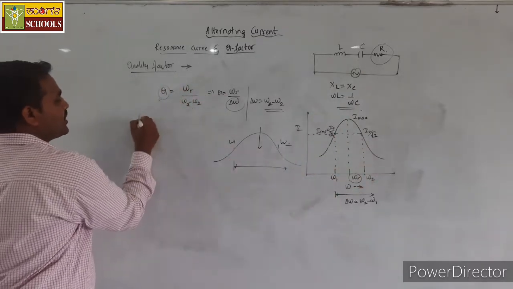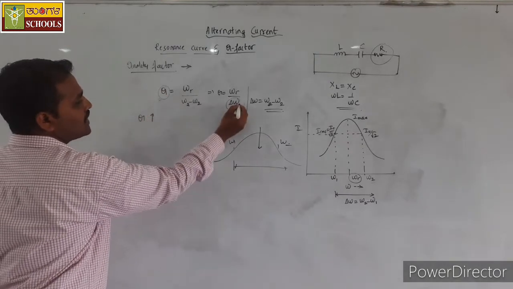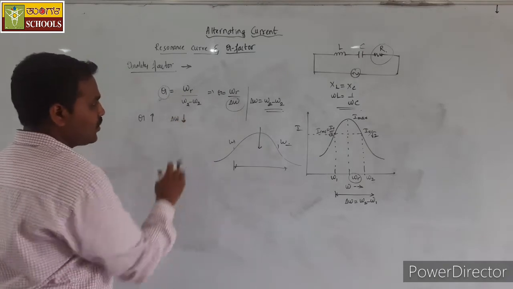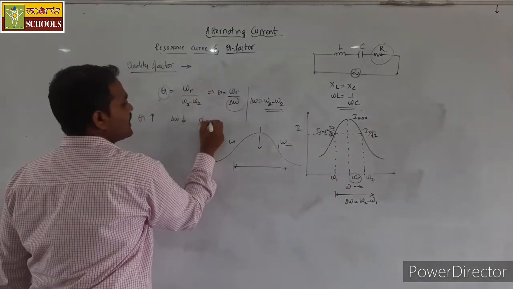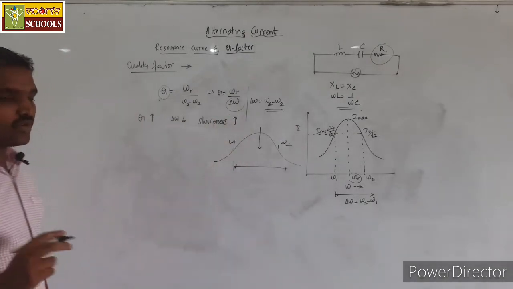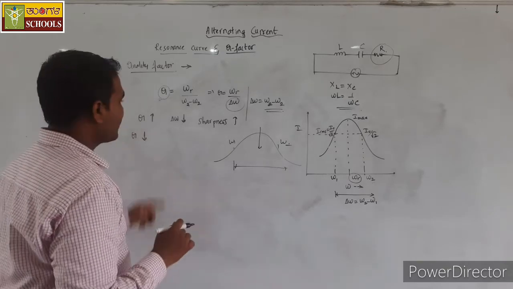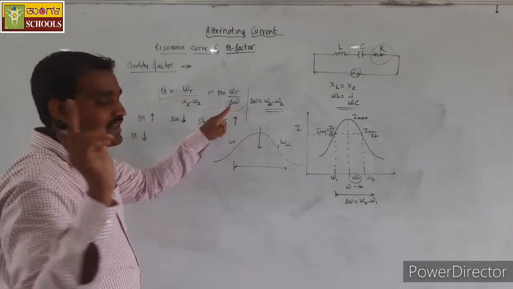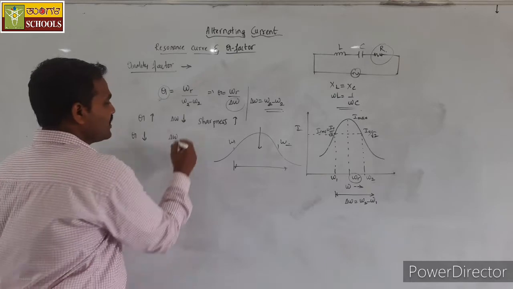So observe here, if the quality factor is more, automatically this delta omega, that is bandwidth, will be less. When the bandwidth is less, the sharpness of the curve increases. Similarly, if the quality factor is low, that indicates the bandwidth, that is omega 2 minus omega 1, is high.